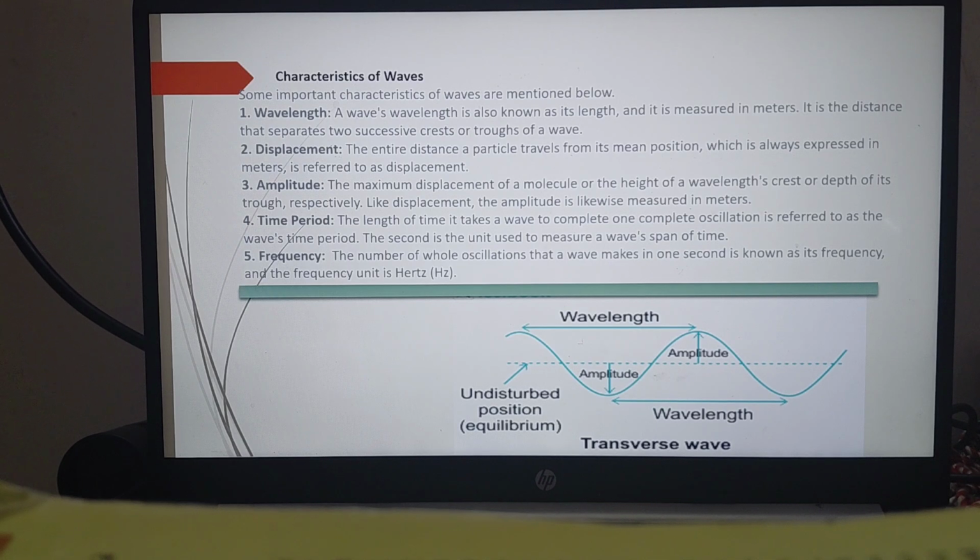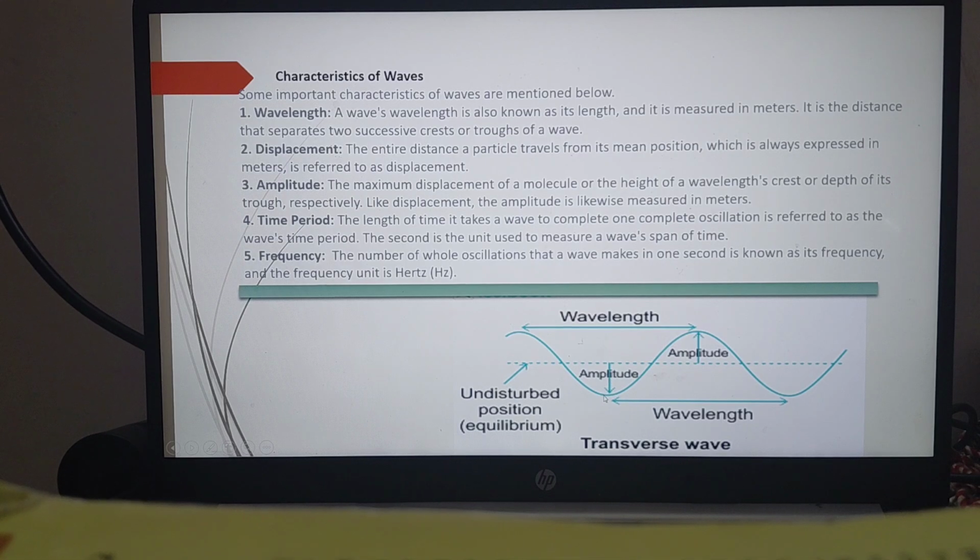We won't discuss the characteristics deeply, so simply we can see the diagram. The wave is traveling in wave motion. What is wavelength? The distance between two consecutive points is the wavelength.